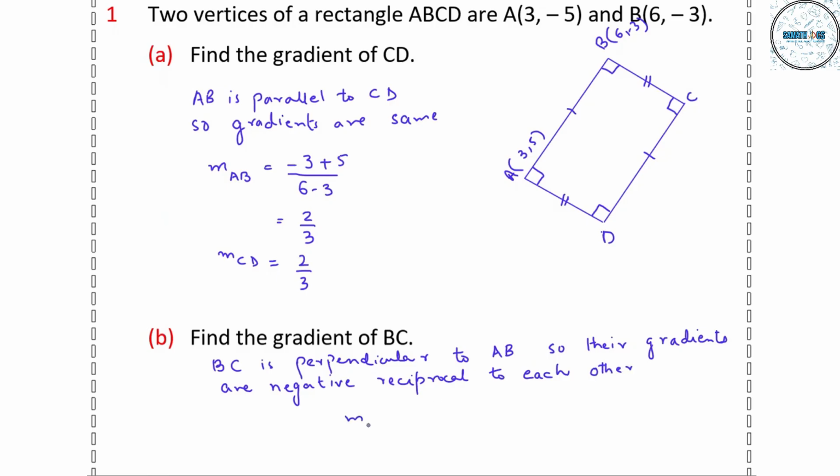So gradient of BC is negative, as it is positive. It is 2 upon 3, so it is to be 3 upon 2. So gradient of BC is negative 3 upon 2.